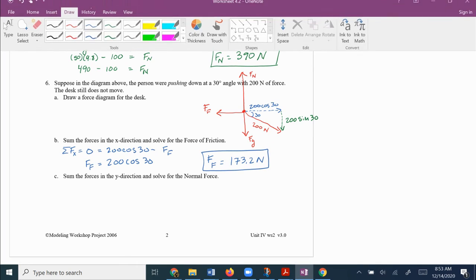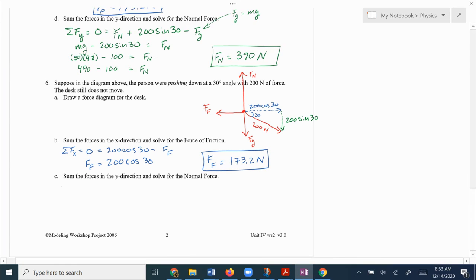In the y direction, sum of the forces in the y direction is equal to 0. Again, because we're not accelerating up and down, up forces minus the down forces. So in this case now, 200 sine 30 is pointing downwards, so that's going to make it minus 200 sine 30, minus force of gravity.